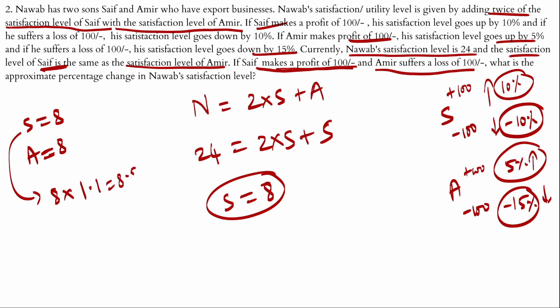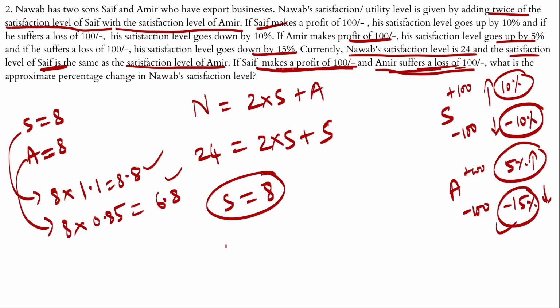This will be equal to 8.8. And for Amir, Amir suffers a loss of 100 rupees, so the utility level must be reduced by 15%. So 8 into 0.85. This we covered in the basics of our percentage session. So this will be equal to 6.8. So the current values of Saif and Amir are 8.8 and 6.8 respectively.